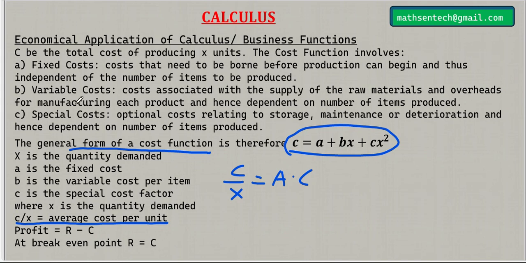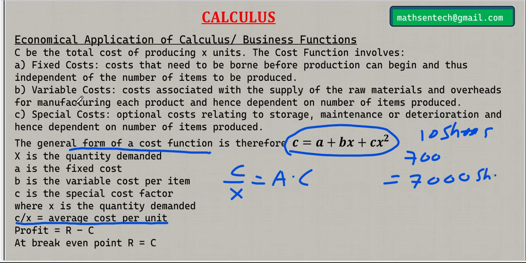Assuming, remember we had 10 shoes, and each shoe was costing 700 shillings. So that means your total cost is 7,000 shillings.